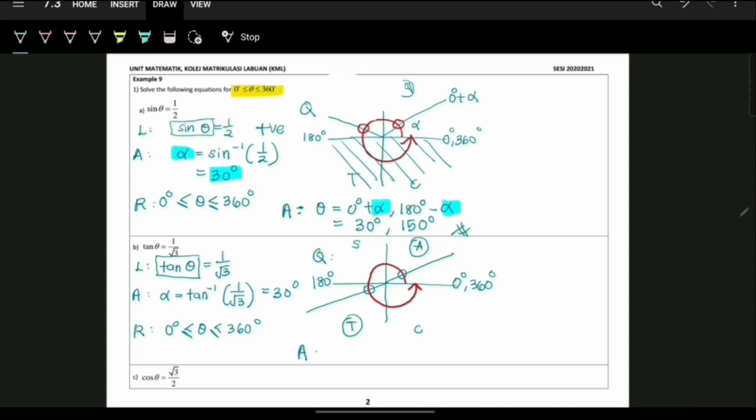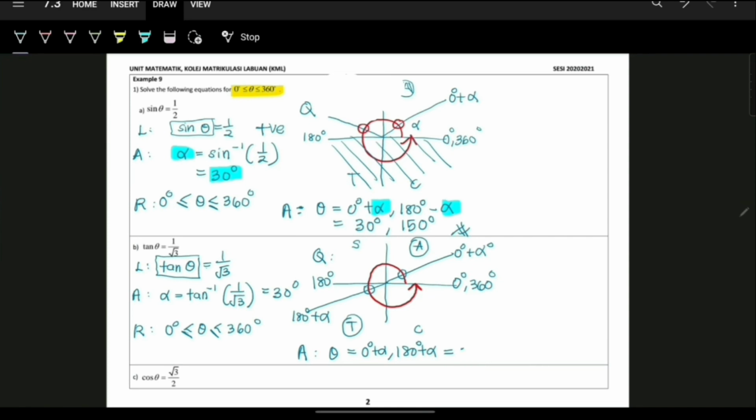So theta equal to, this one is 0 plus alpha, and here 180 plus alpha, because this is in the third quadrant. That's the formula for that. So we have 0 plus alpha, 180 plus alpha, which is equal to 0 plus alpha.